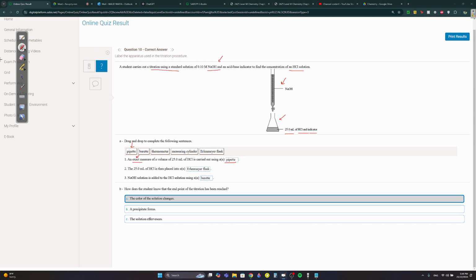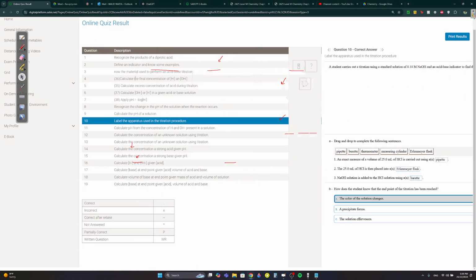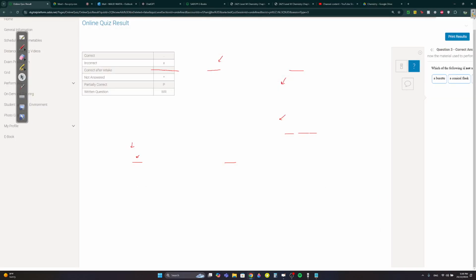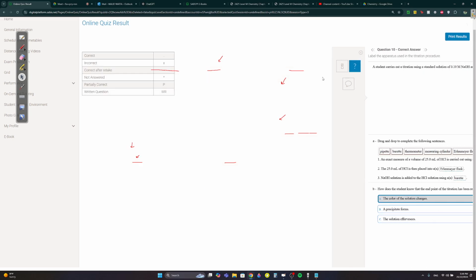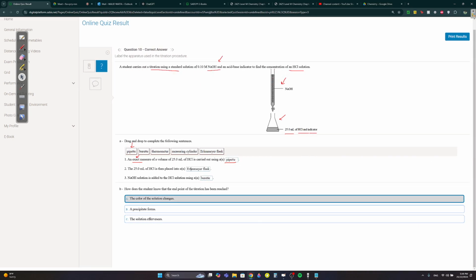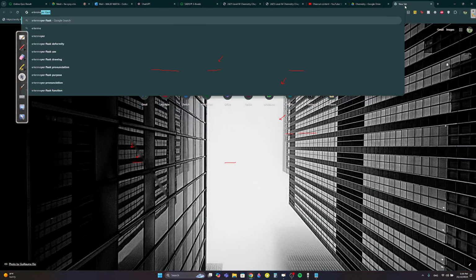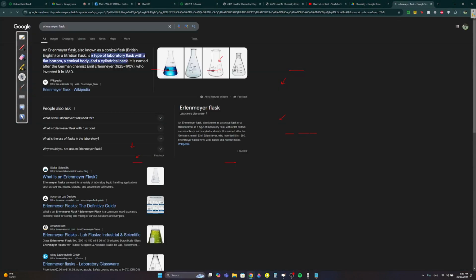A volumetric flask, or what do you call it? It was in question 2. What was it called? Conical flask, yeah. Volumetric flask, conical flask. Here they called it Erlenmeyer flask. I just want to make sure it's the same thing.